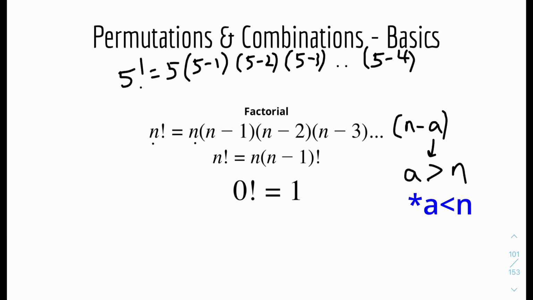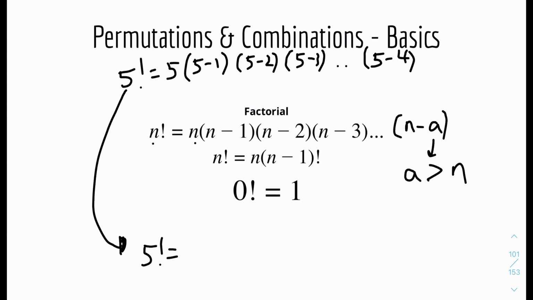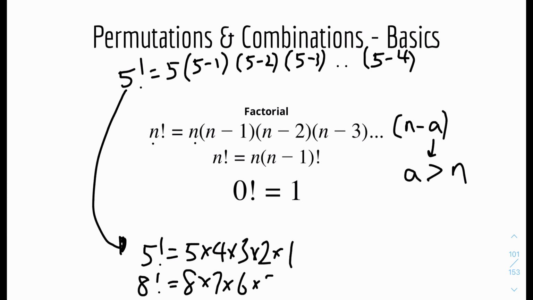A more straightforward way to see this is that when you have 5 factorial, you are multiplying the number 5 in descending order down to 1. So it'll be 5 times 4 times 3 times 2 times 1. And 8 factorial will be 8 times 7 times 6 times 5 times 4 times 3 times 2 times 1.